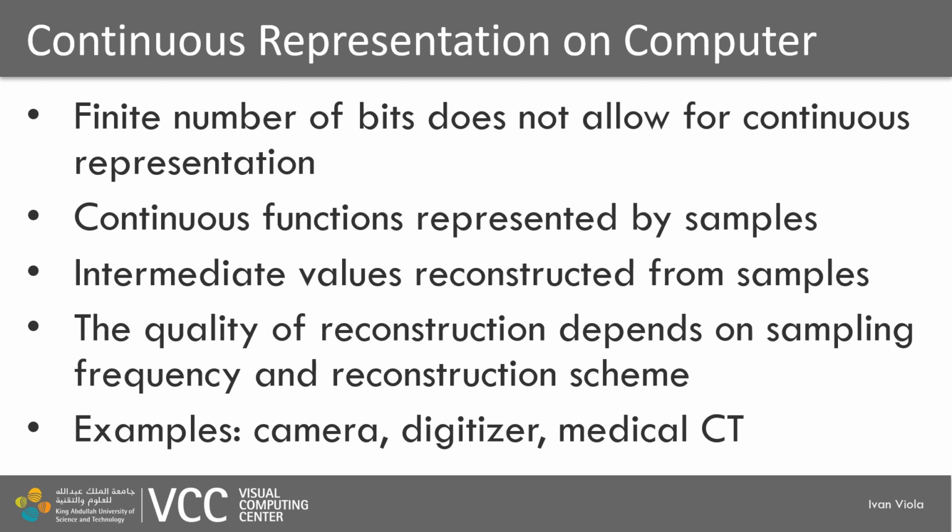In computer graphics, we will be mostly dealing with images which are finally rendered, and there we have an example of a discrete representation of an otherwise continuous scene. But this is not the only example.